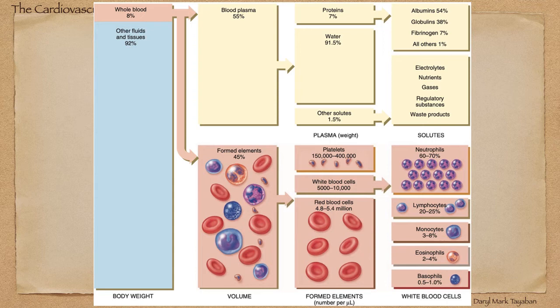Monocytes are 3 to 8%, eosinophils are 2 to 4%, and basophils are 0.1 to 1%. These five are the components of the white blood cell. Take note of the arrows. Anyway, I'll talk later about their functions and how we could understand their purposes.